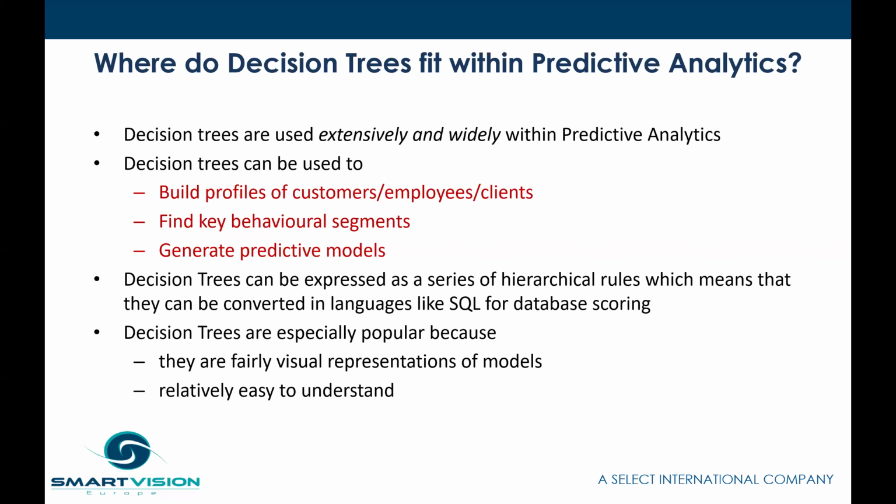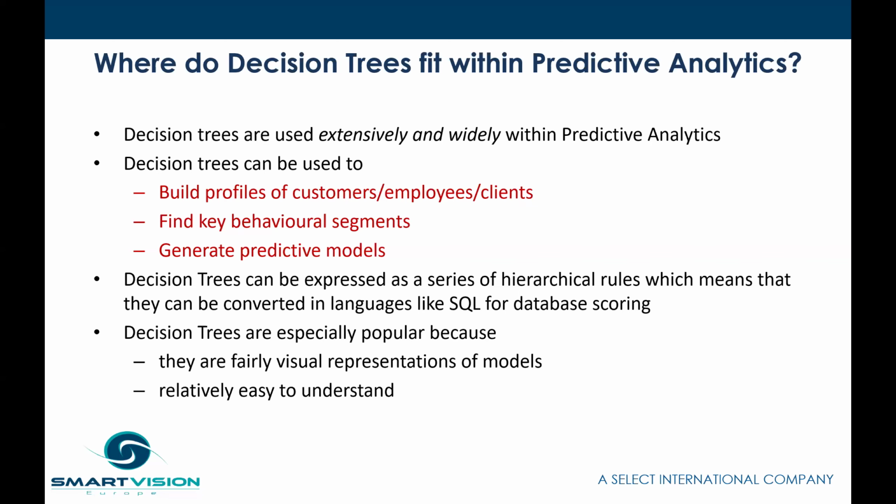And it can also be expressed simply as a series of rules. So you can show them visually, but you could turn that visual representation into a series of rules: if you're in this group and you're in that group and your score for this variable is higher than a certain threshold and you're also in a subgroup of that, then you have an X% chance of this occurring or something like that.